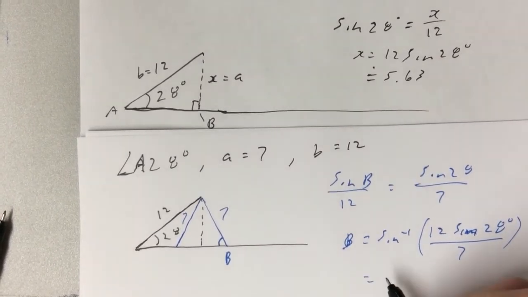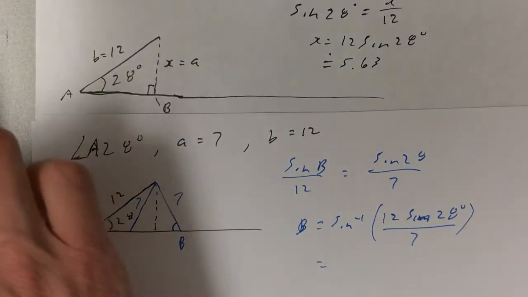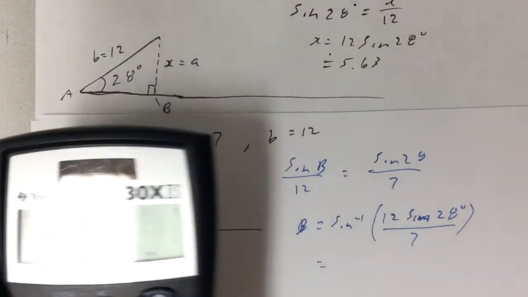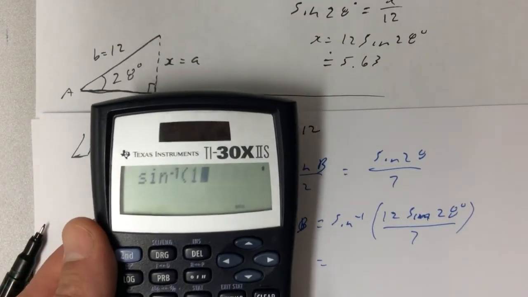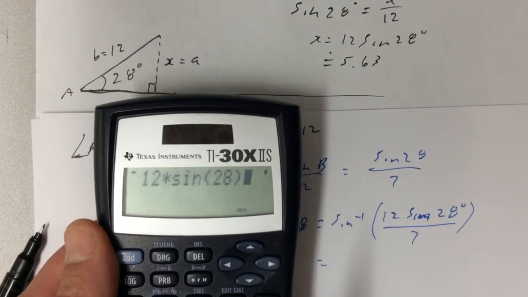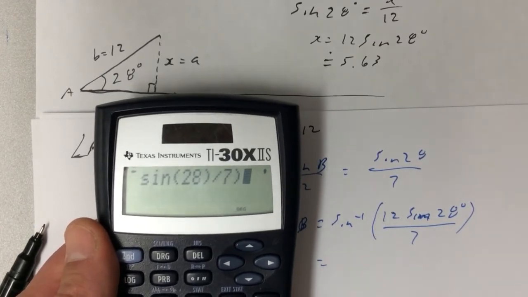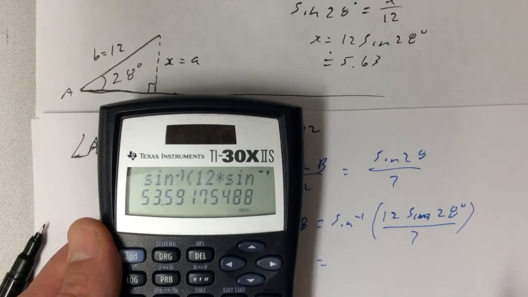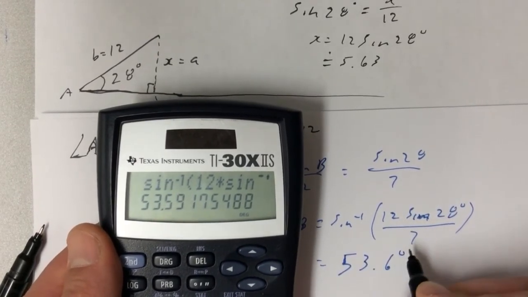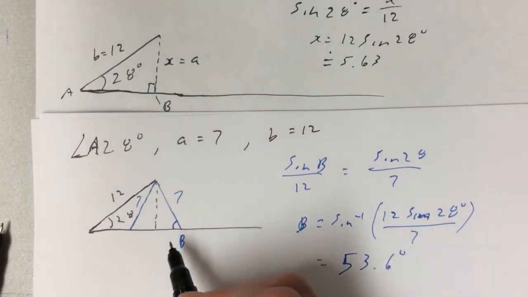You plug that into your calculator, so second sine inverse of 12 times sine 28 divided by 7, close the brackets, and that gives you an angle of 53.6 degrees. Okay? So that gives me this angle here.